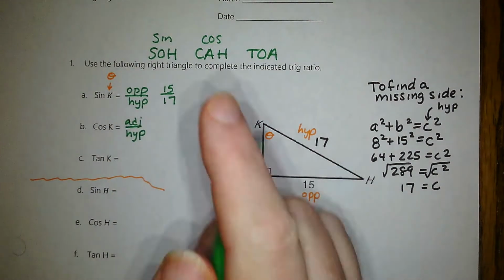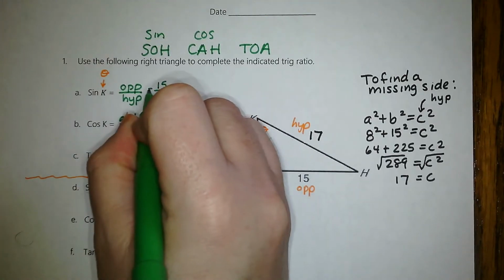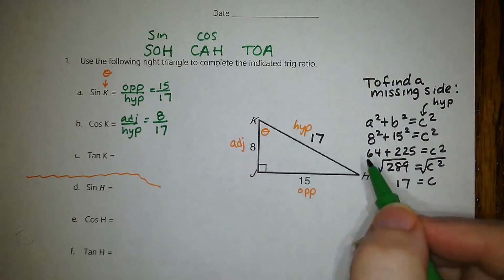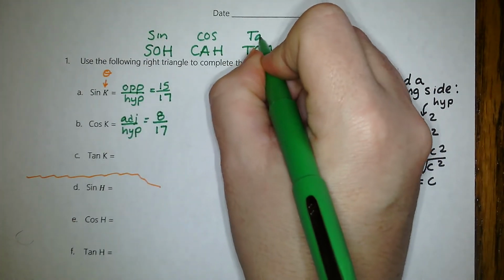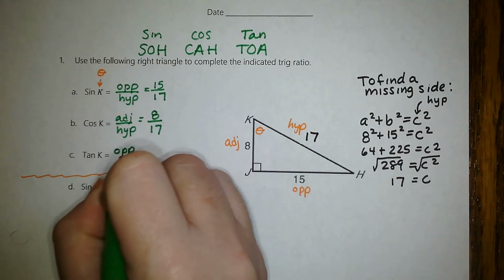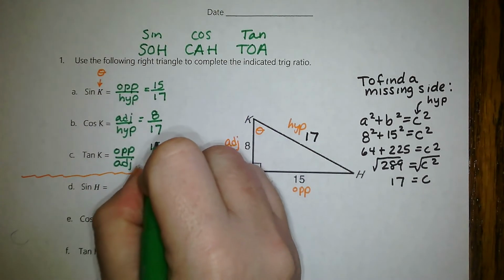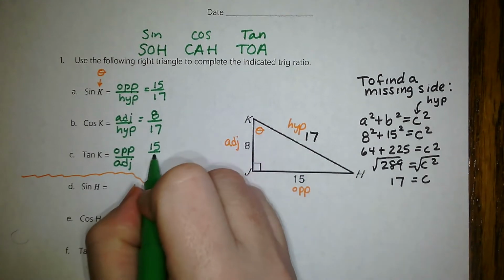And our adjacent side is 8. And our hypotenuse is 17. And then, of course, TOA is tangent. And so I need opposite over adjacent. And my opposite is 15, and my adjacent is 8.